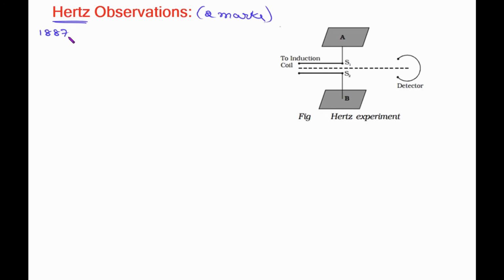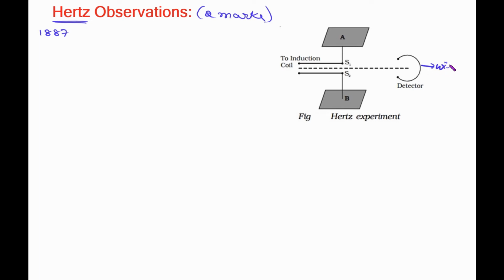Actually in 1887, when Hertz was performing one experiment, he was investigating electromagnetic radiation. Then accidentally he discovered the photoelectric effect. In the diagram, as you can see, this part is called the detector or receiver, and it is just a wire.